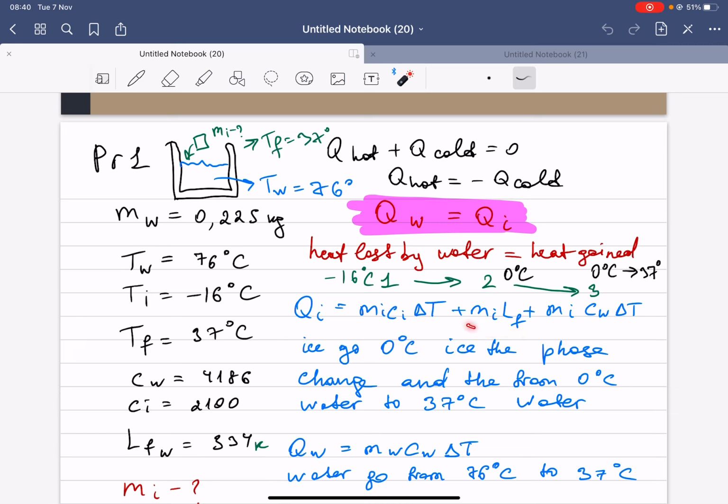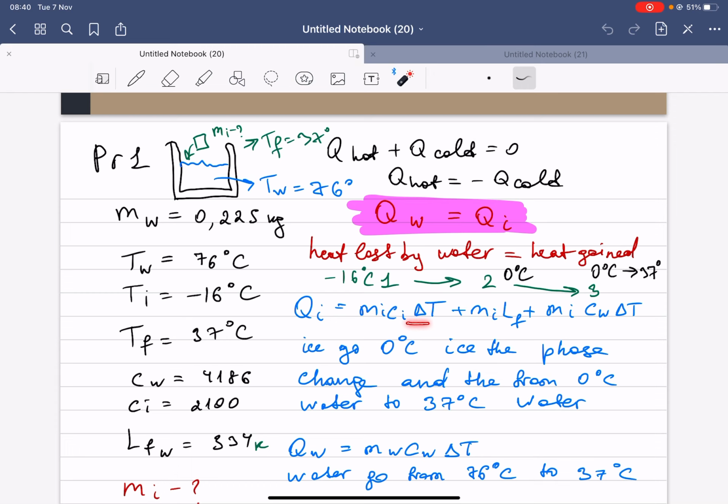So you have the mass of the ice times the latent heat of fusion. And once it fully changes phase and becomes liquid, it has to increase the temperature from 0 to 37 degrees, which is this one. That means mass of the ice, specific heat of the water, and change in temperature.